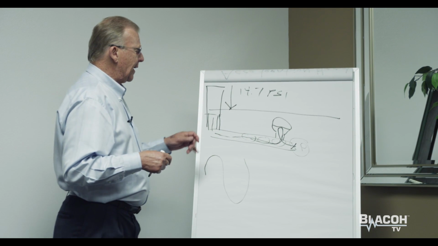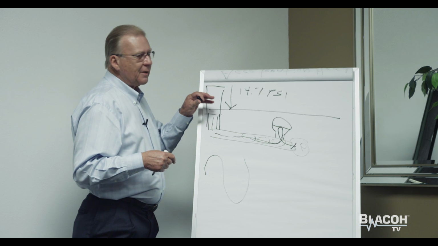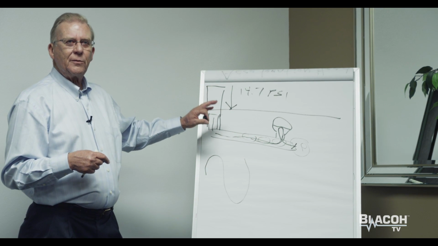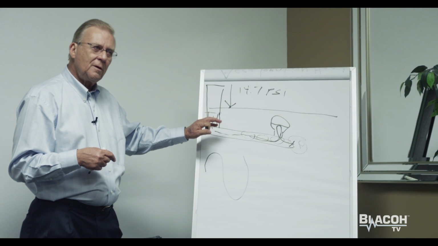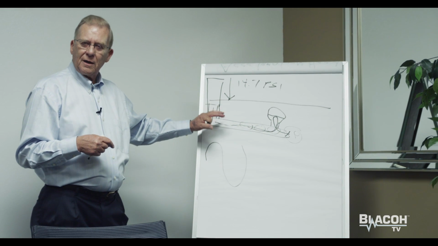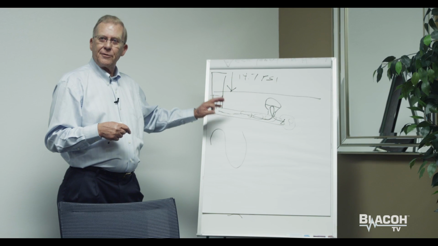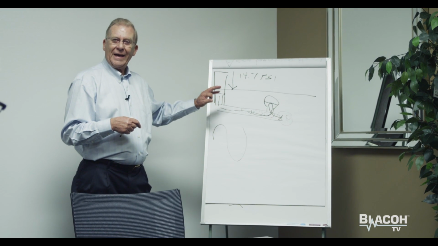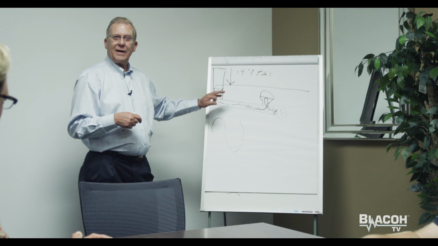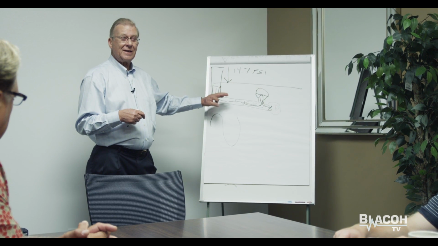So it can be rather complicated, but it can be reduced down to a relatively simple proposition and calculations if we just have everybody understand what this acceleration head or force is and how to minimize it or maintain it or control it.